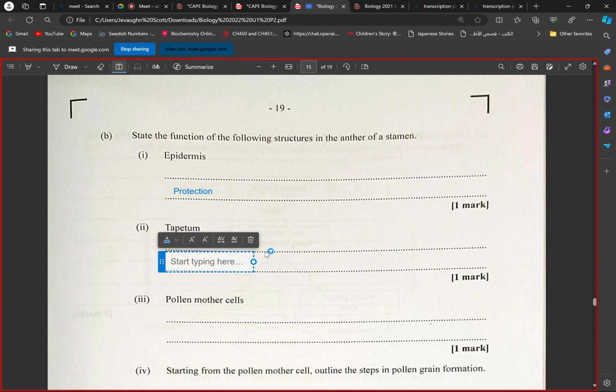All right. So both of you guys are correct. It provides nutrients or nourishment, whichever you want to call it, for the microsporangium, or what we call the mother cell.